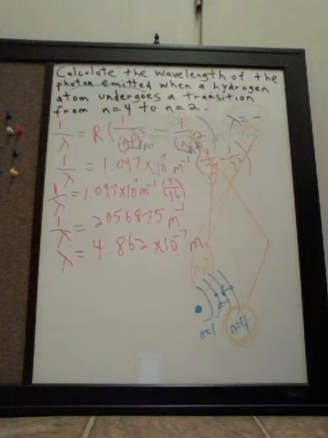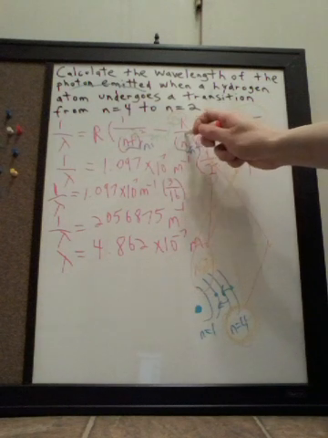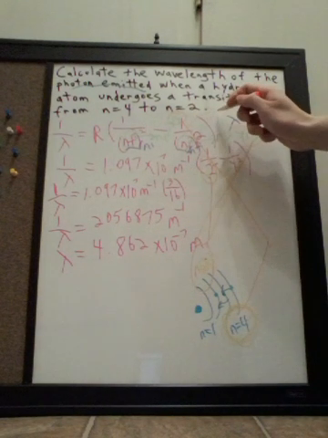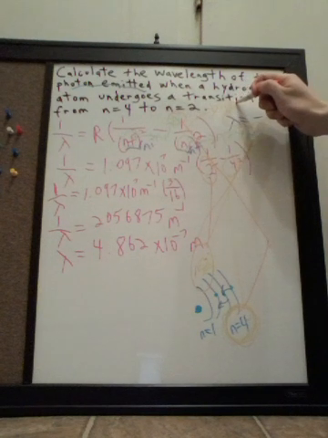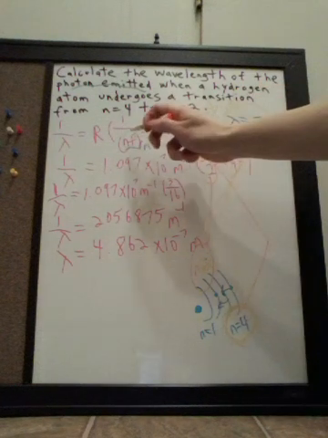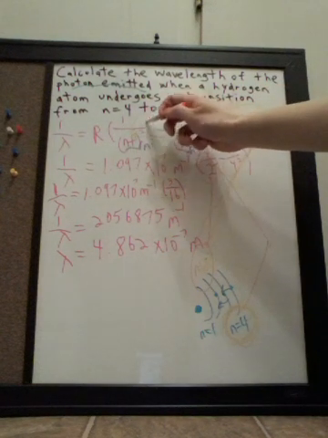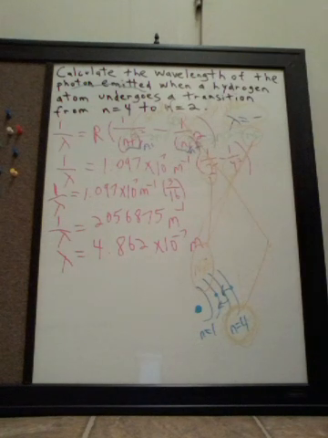is that you want to make sure that the number that goes into here is the bigger number, right? And the number that goes into here is a smaller number, right?